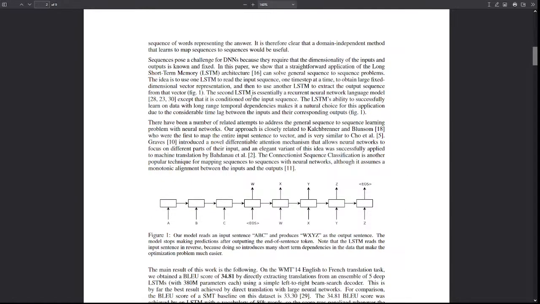The second LSTM is essentially a recurrent neural net model, except that it is conditioned on the input sentence sequence. The LSTM's ability to successfully learn on data with long-range temporal dependencies makes it a natural choice for this application, due to the considerable time lag between the inputs and their corresponding outputs.